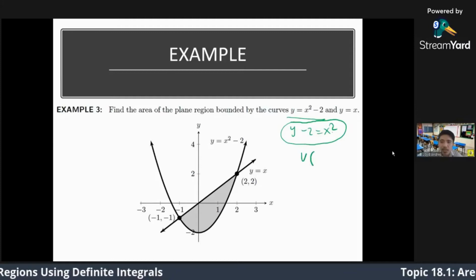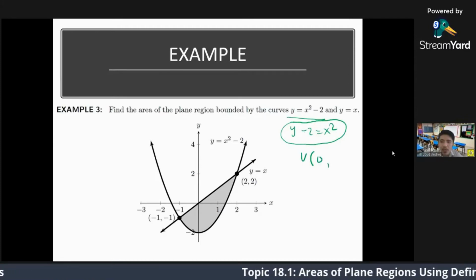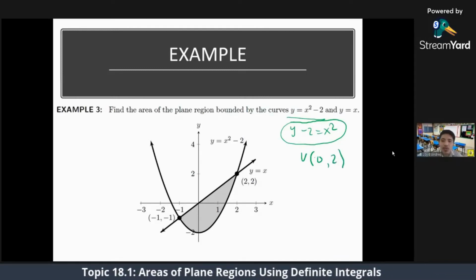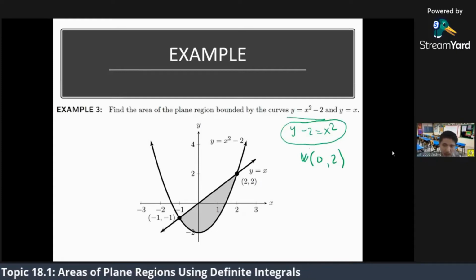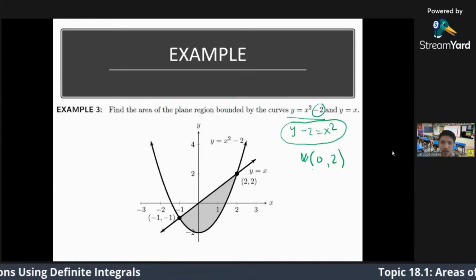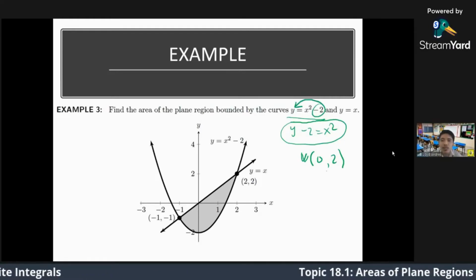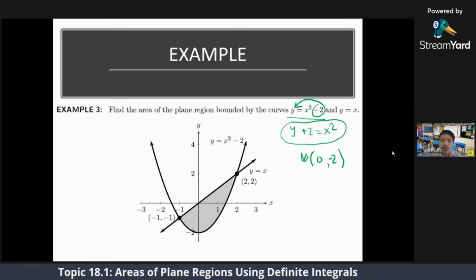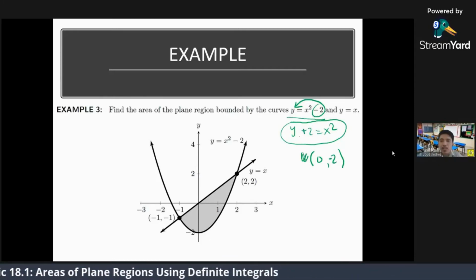Sa x, wala man siya kauban, so that's 0. Ang y nato, you can still remember, kay negative man ni siya, pag transfer using addition property of equality, ma-plus na siya. So kung plus na siya diha, negative ang atong y coordinate. Therefore, atong vertex is 0, negative 2.